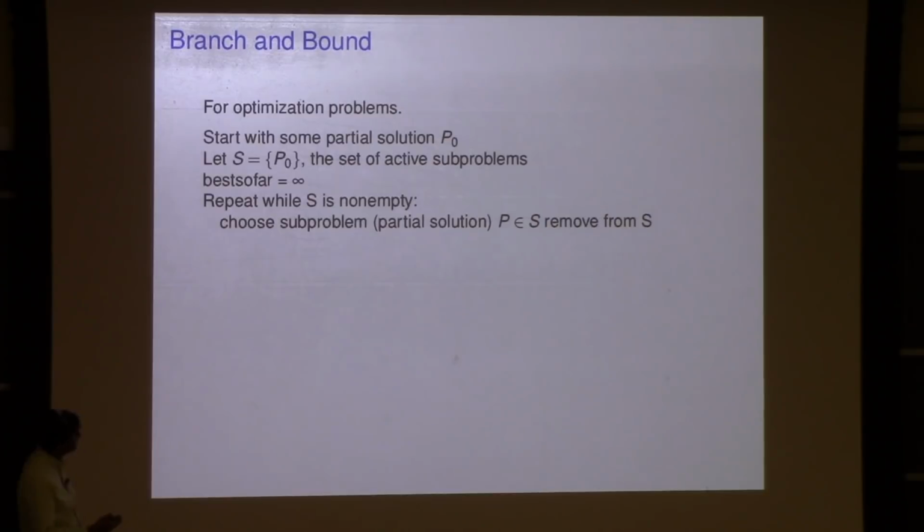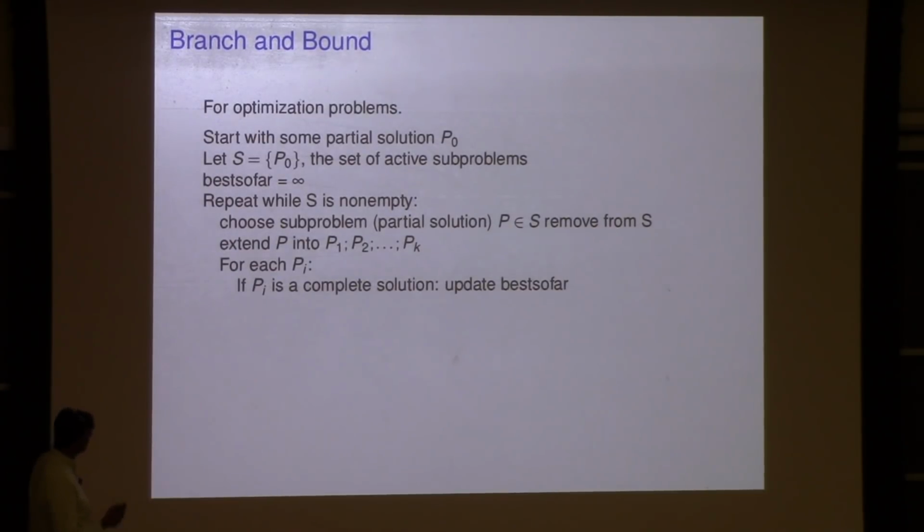You choose a subproblem or partial solution P in S and remove it. Then you extend P, and you may be able to extend it in several ways, like using true or false, or adding a city in TSP. If P' is a complete solution, a complete tour, or if you assigned all the variables, you can report whether it worked or not.